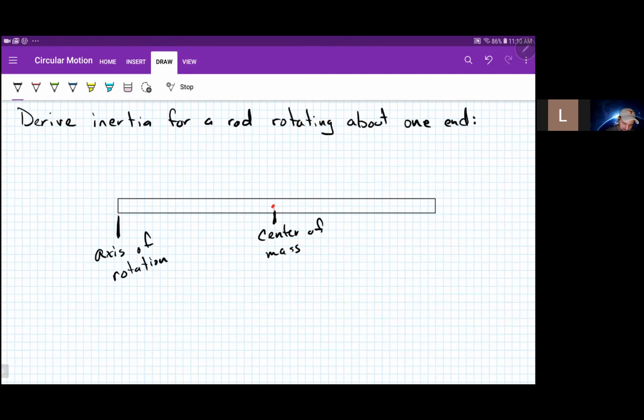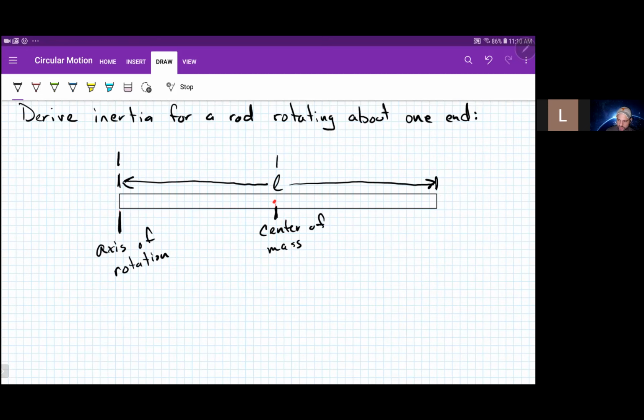We're going to have a total distance for the rod L. And so for the center of mass, the distance from the center of mass to the axis of rotation is going to be K is equal to L over 2. Right. So K is equal to L over 2.